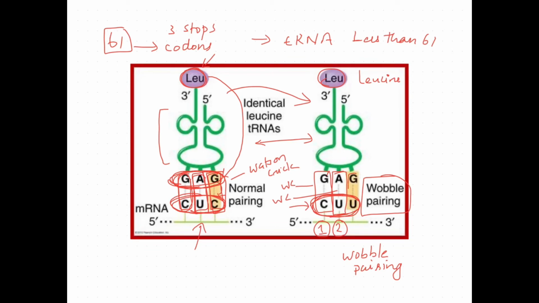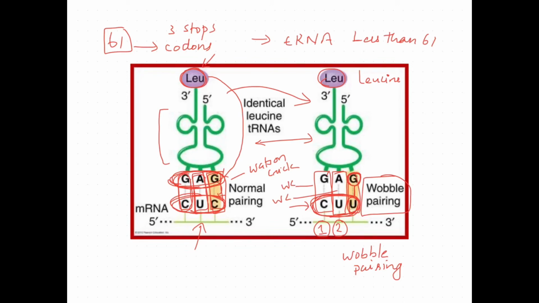But when you go to the third base, you can see it does not follow Watson and Crick pairing. There is a wobbling that occurs in the third base. Here, even though it is U, it is recognized by guanine. There is a base pairing between G and U. This base pairing is known as Wobble base pairing.